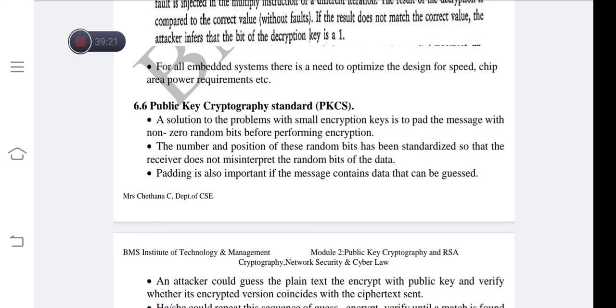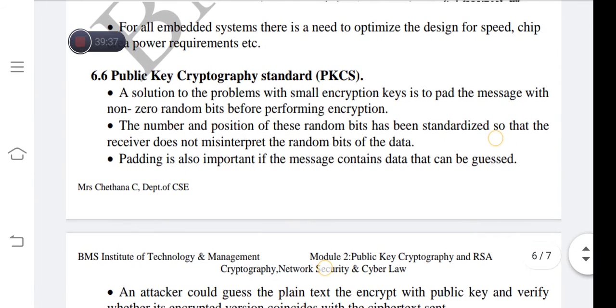Okay, here basically small messages will be padded with non-zero random bits before performing the encryption. Now the number and positions of these random bits have been standardized, so that the receiver does not misinterpret the random bits as data.